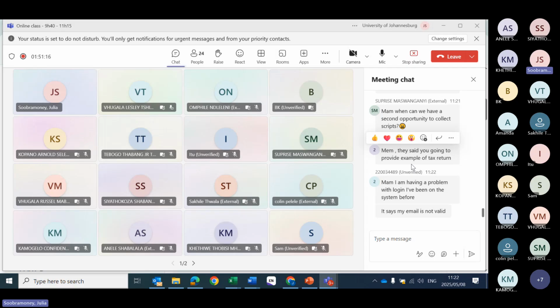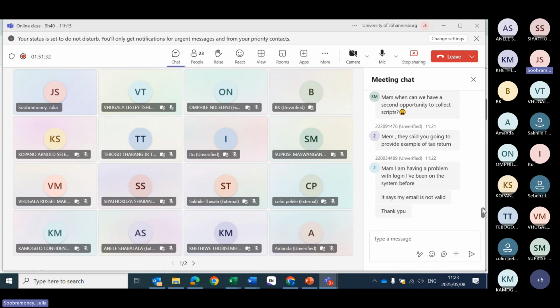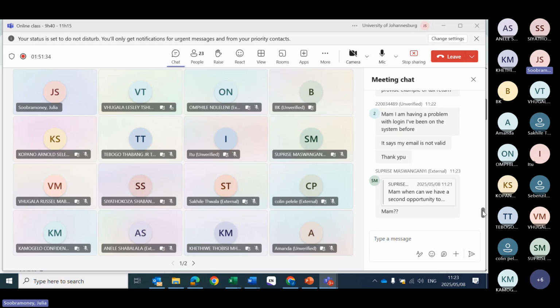Email not valid, so please send me an email with your student number and email address, and then I will send it to TaxTim to verify if you have been added to the project. Okay, so if you can please email me, and then I will sort that out for you.